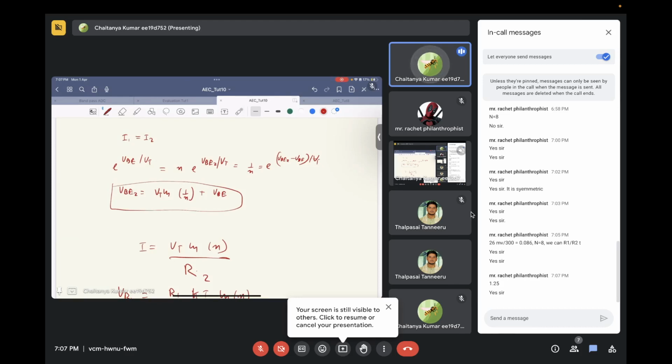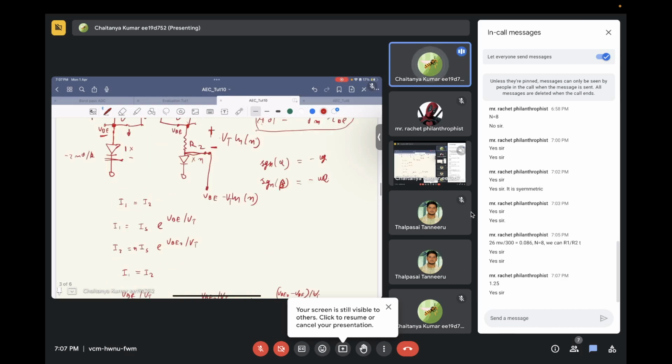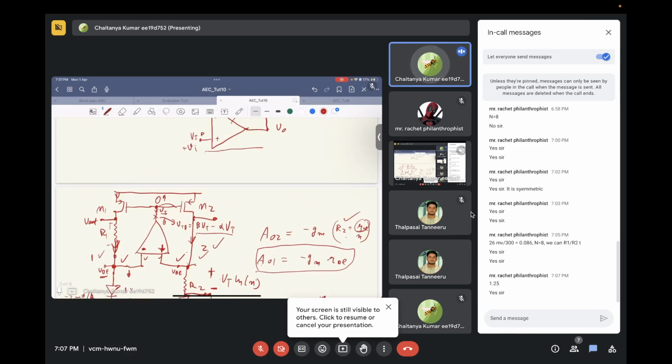Okay, so if you choose a very small value of R2, the current consumption of this circuit will increase very much. You always need to reduce the current that a circuit is drawing. Why? Because if the current consumption is very high, your battery will drain very easily. So you need to choose a reasonably large value of R2.